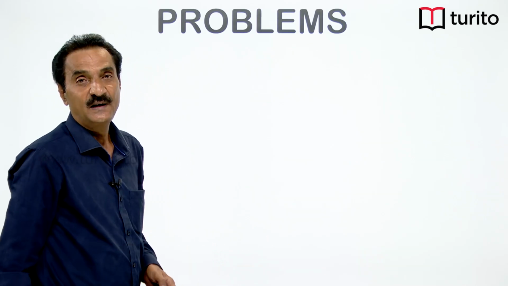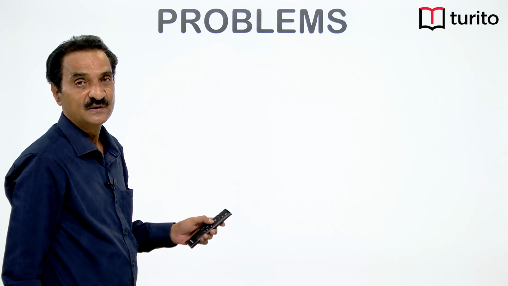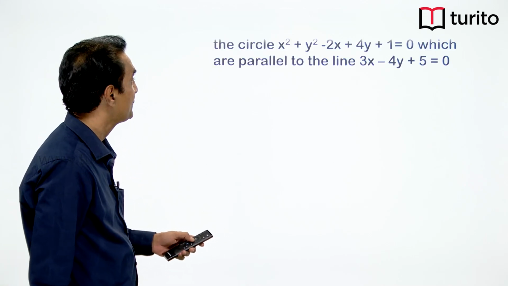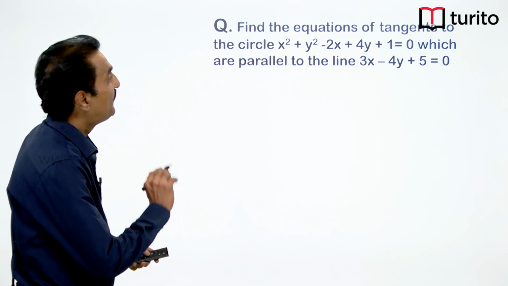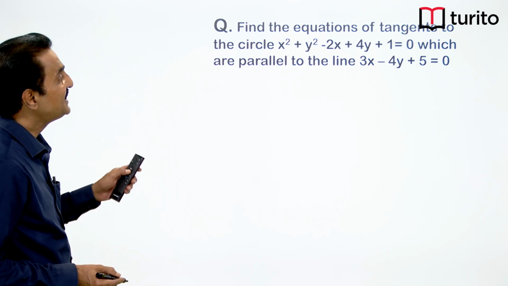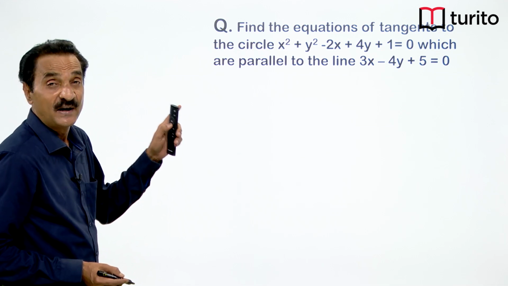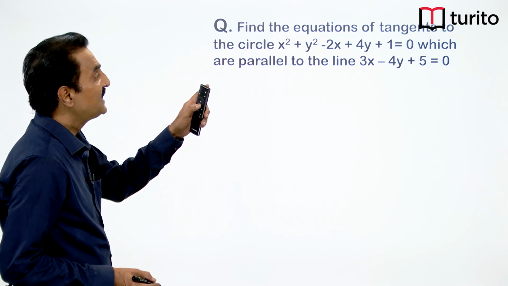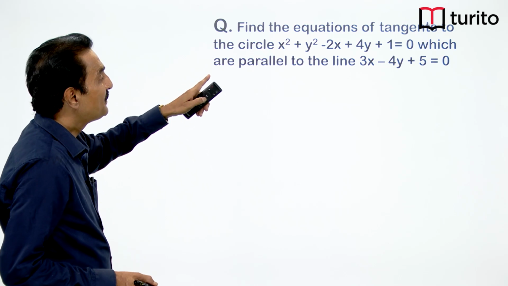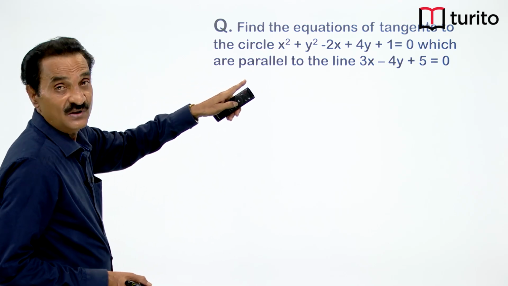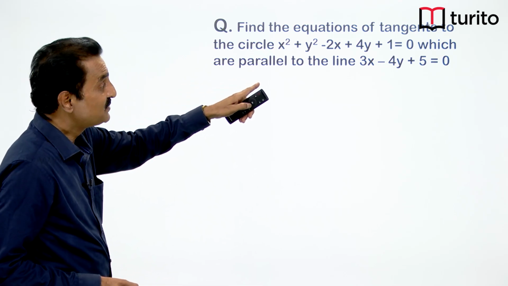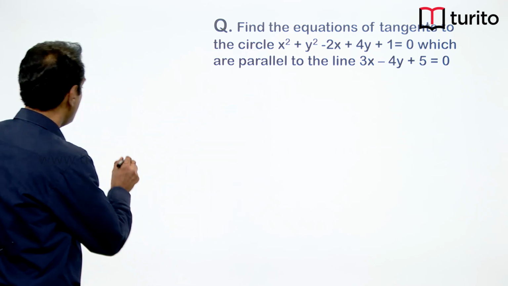Now, let us discuss some problems on this previous theory. Find the equation of the tangents to the circle x square plus y square minus 2x plus 4y plus 1 is equal to 0, which are parallel to the line 3x minus 4y plus 5 is equal to 0.